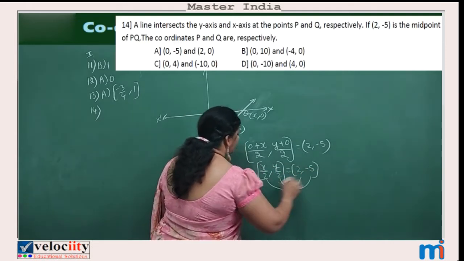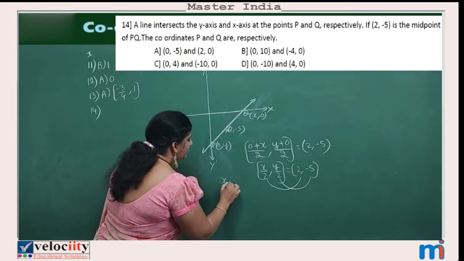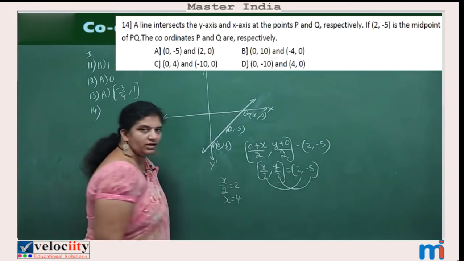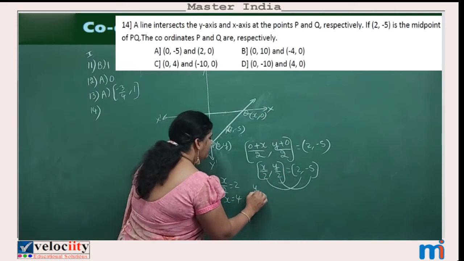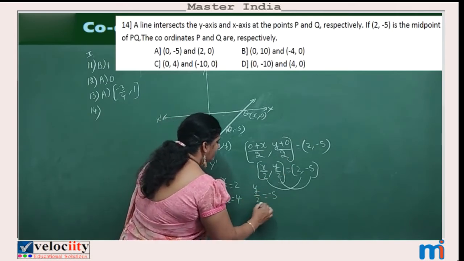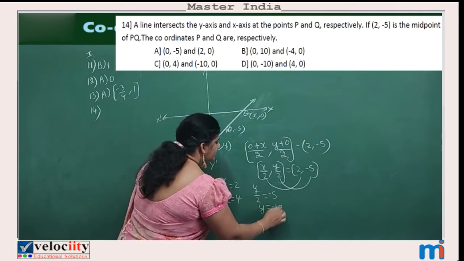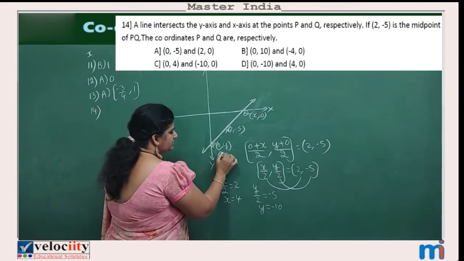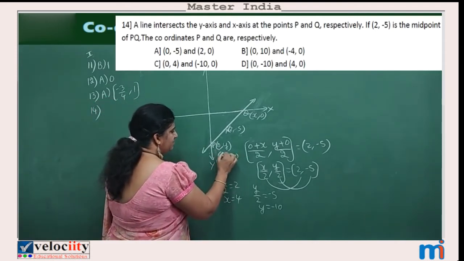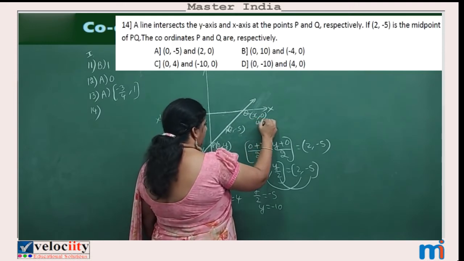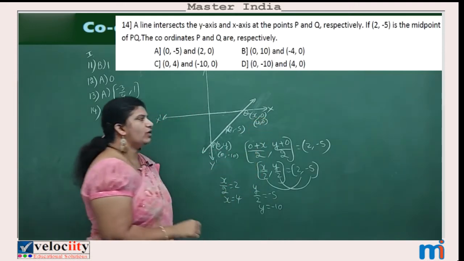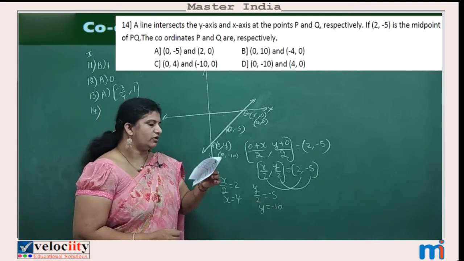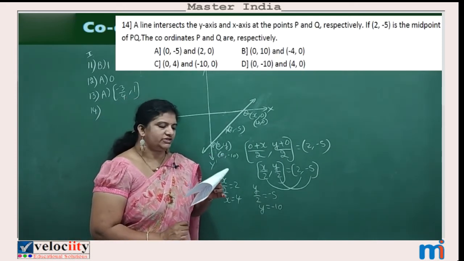See, like this we need to equate. X by 2 is equal to 2. X is equal to 4. Similarly, y by 2 is equal to minus 5. Y is equal to minus 10. Now, substitute in this value 0 comma minus 10 and 4 comma 0. What are the P and Q coordinates? 0 minus 10, 4, 0. Check the answer in your options.